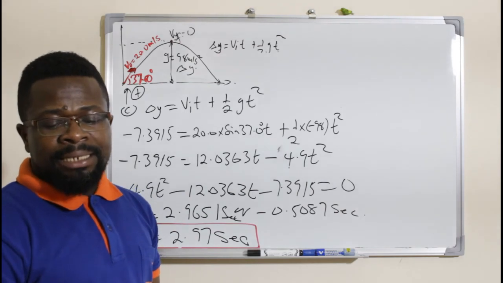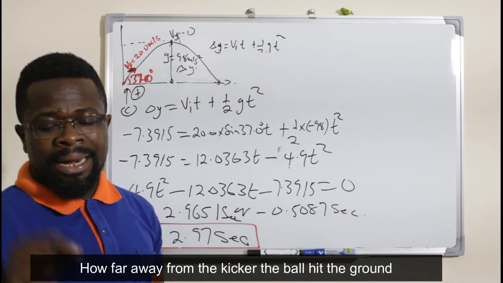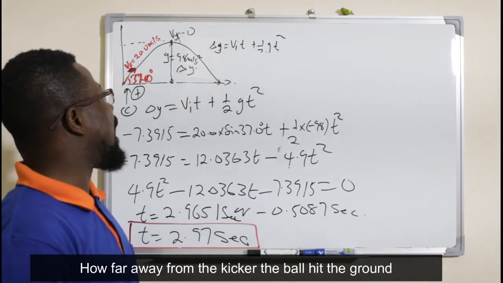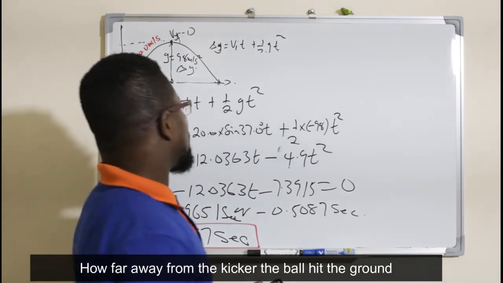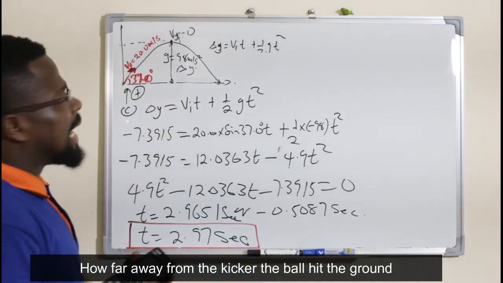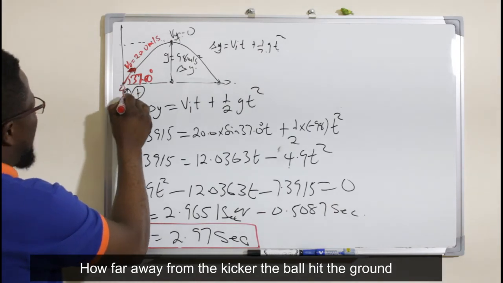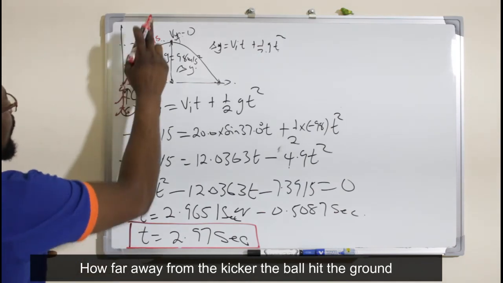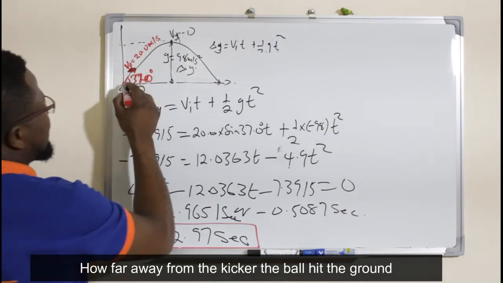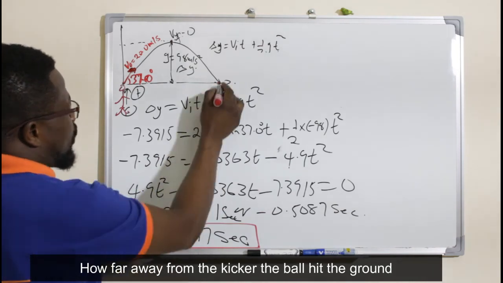The next question says, how far away from the kicker does the ball hit the ground? So how far away is that? The kicker was here, and he kicked the ball, so the ball now is from this point, and now it is here on the ground.